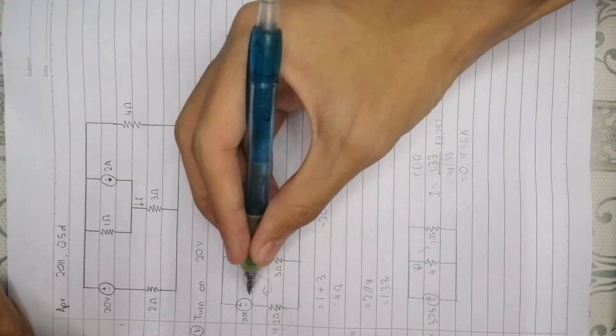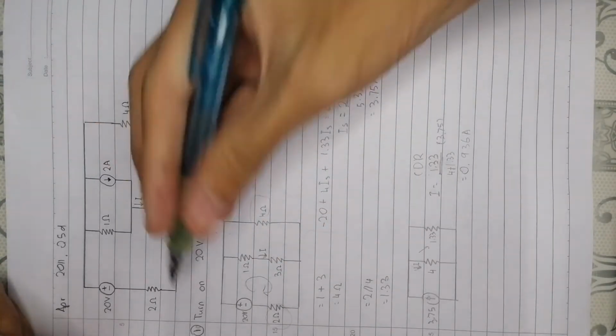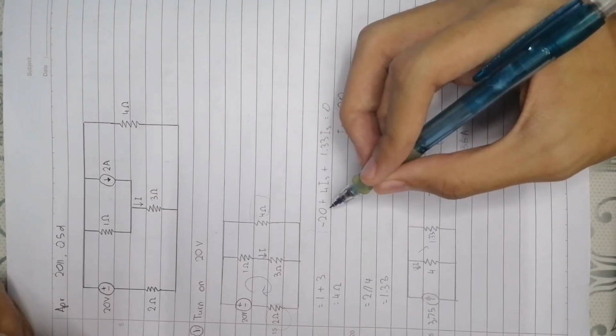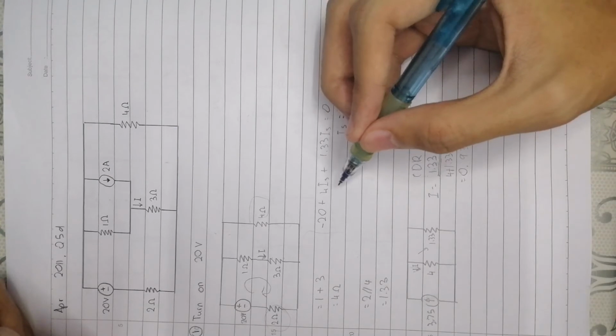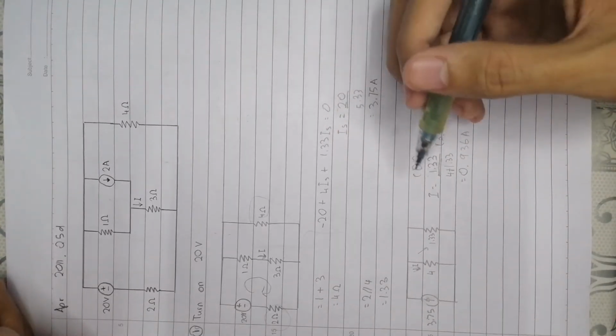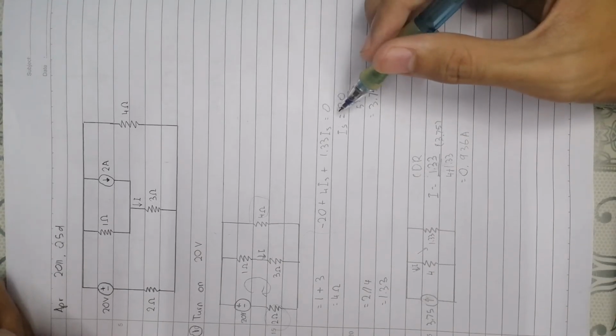So the loop will follow clockwise. So we will start with negative 20 plus 4 I plus 1.33 I equals 0.